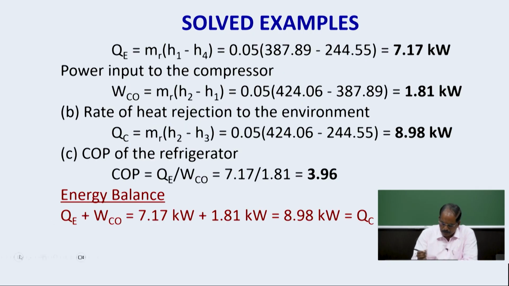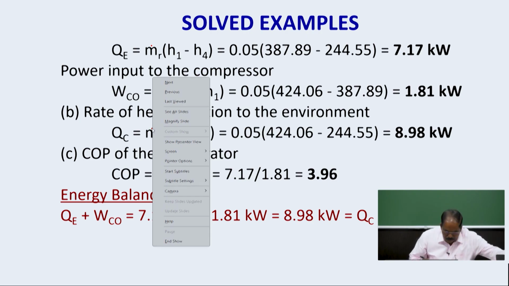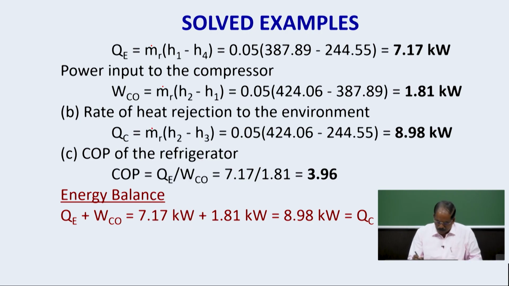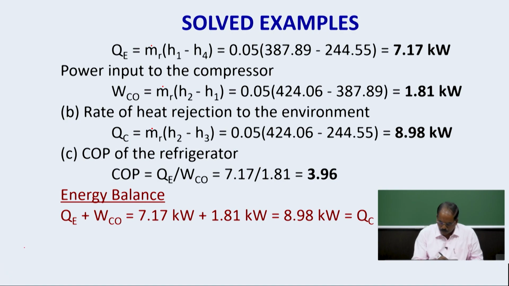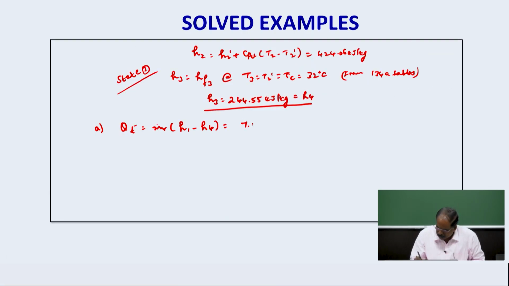Again, as I have told before, wherever the flow rate is given, it is m dot r. So the QE value comes to 7.17 kilowatt if you substitute the values and calculate.